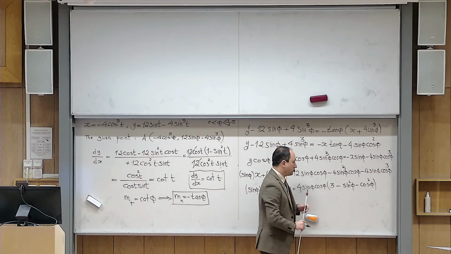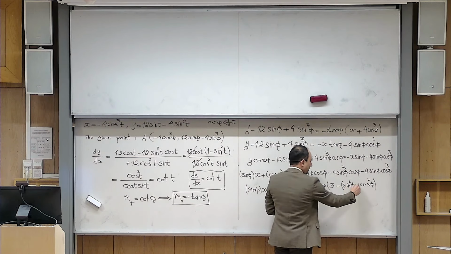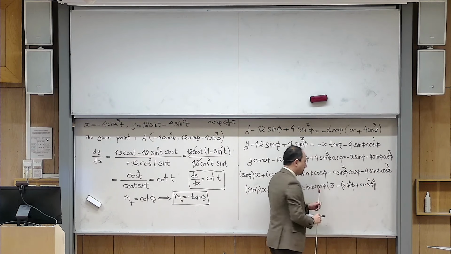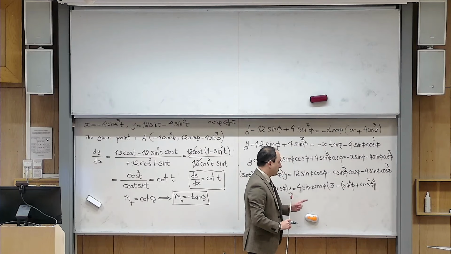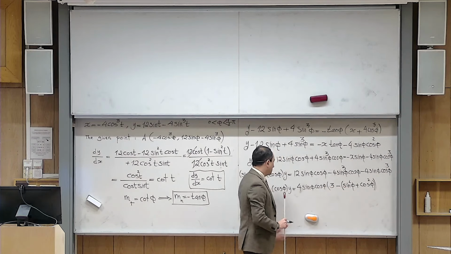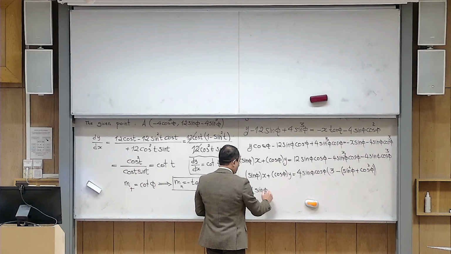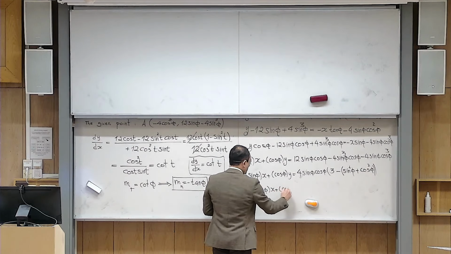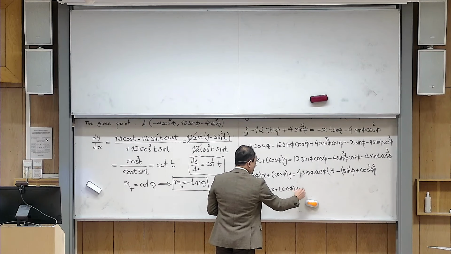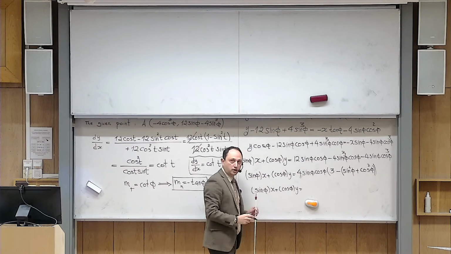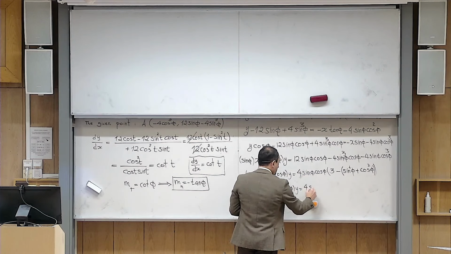But if I factor also a minus sign from here, then this becomes positive. But sine squared phi plus cosine squared phi is 1. So this becomes 2, and I multiply it becomes 8. So then it becomes sine phi x plus cosine phi y is equal to 8 sine phi cosine phi, which can be written as 4 sine 2 phi.